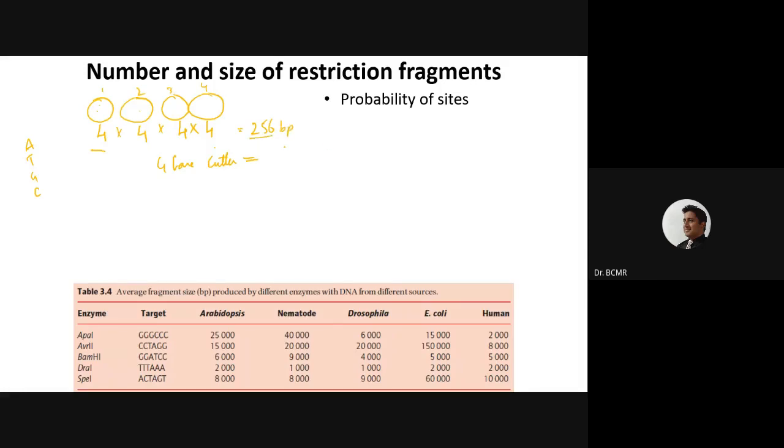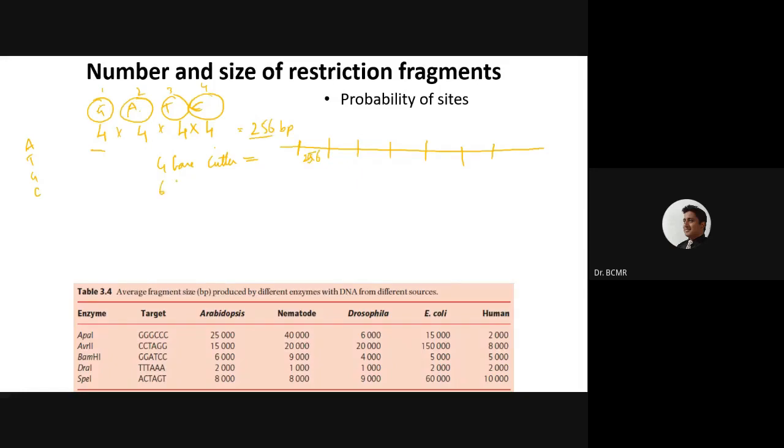That means if you had a long DNA, the probability of that particular site, say for example GATC, in that location is that it is possible to be found every 256 base pairs, right? The distance is approximate, okay? It's just a theoretical way of doing things.